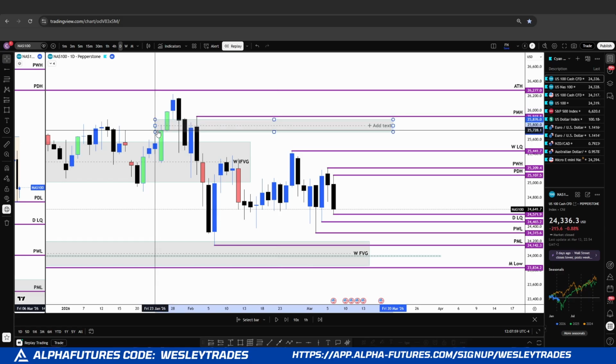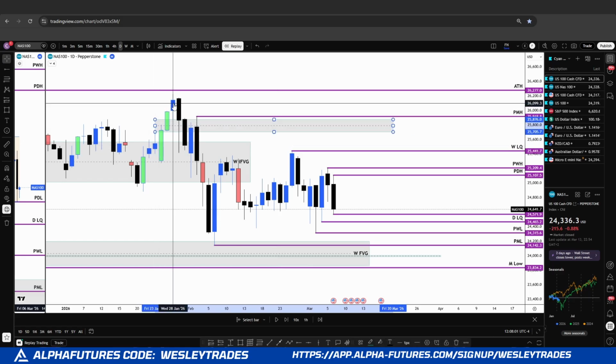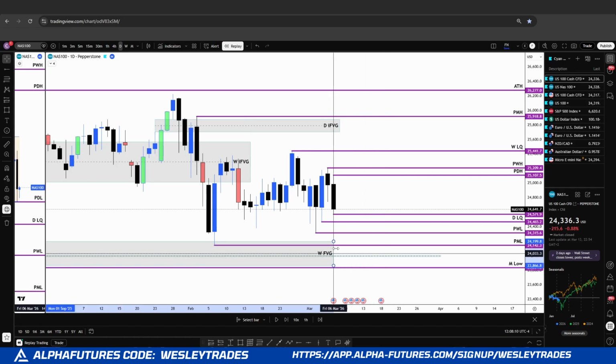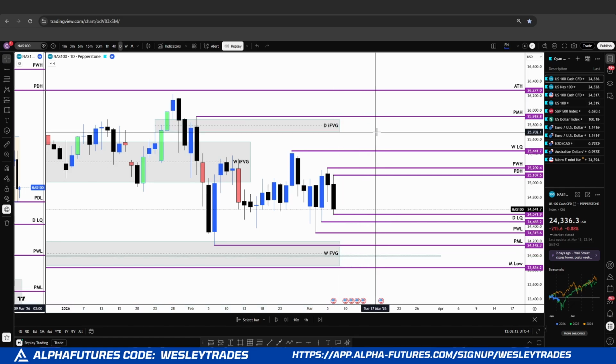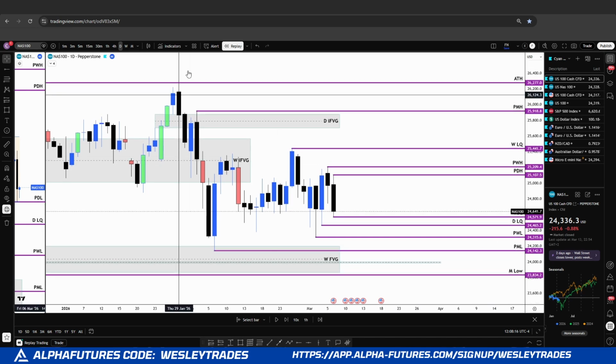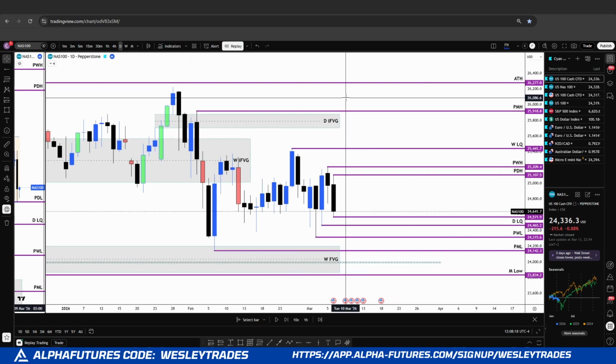I'm going to extend it to this because this is a 1, 2, 3, 4 candle fair value gap formation. So it's a daily inverted fair value gap formation here. All right, let's move it here. So we have the higher time frame liquidity levels marked out.